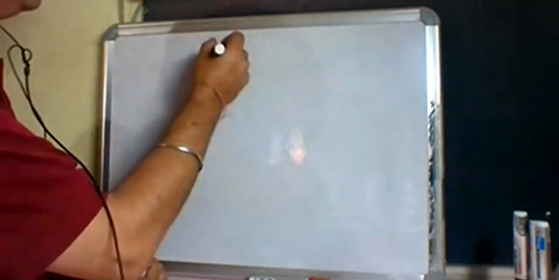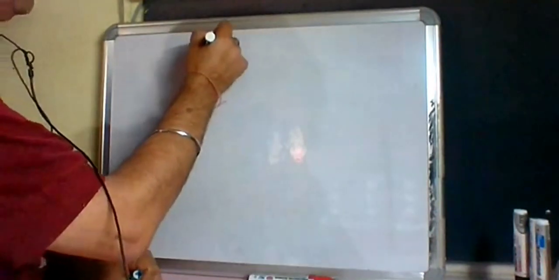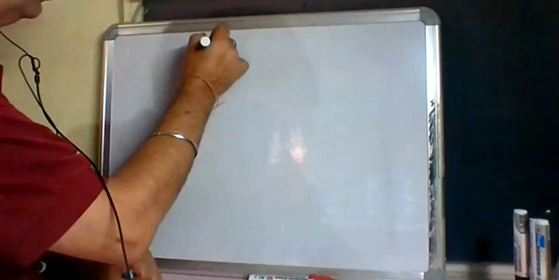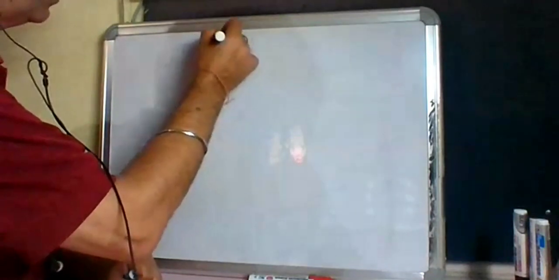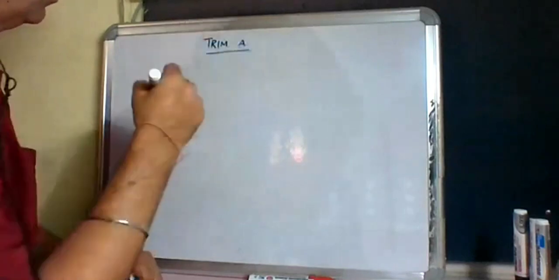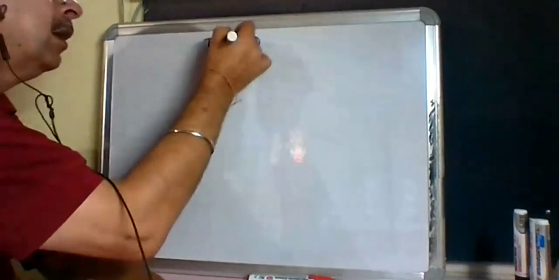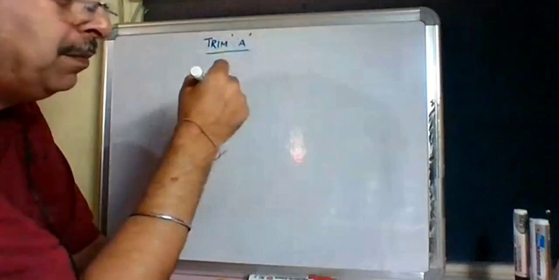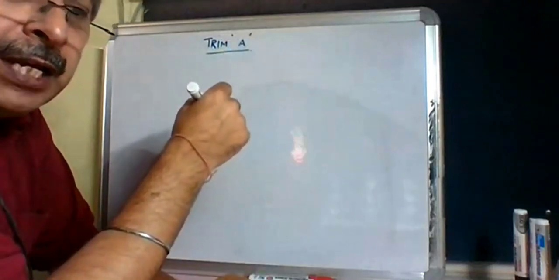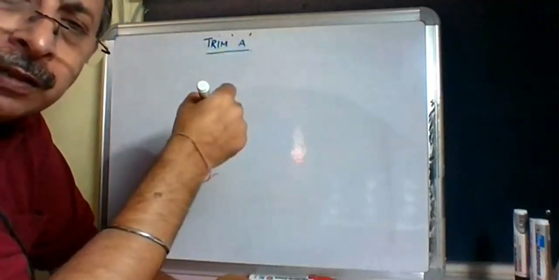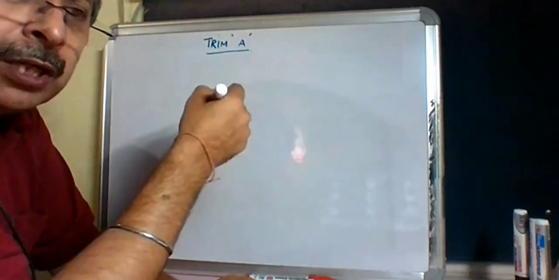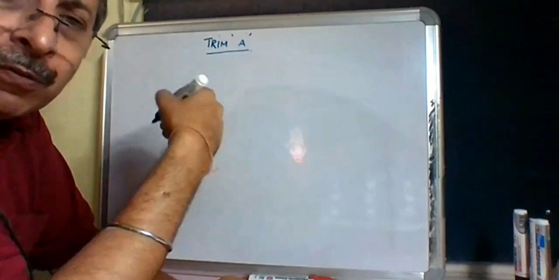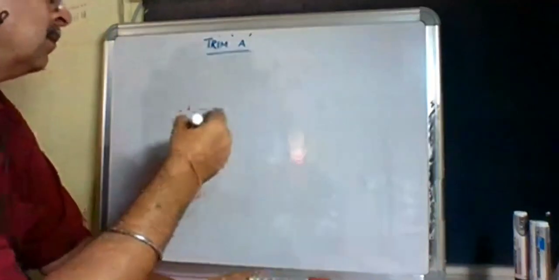Okay, so let me do the trim A formulas. Trim A basically means any ship, any vessel. That means the data will be provided in the question.